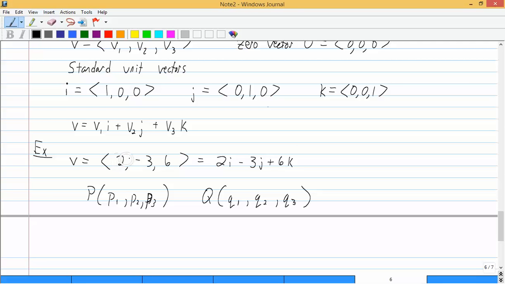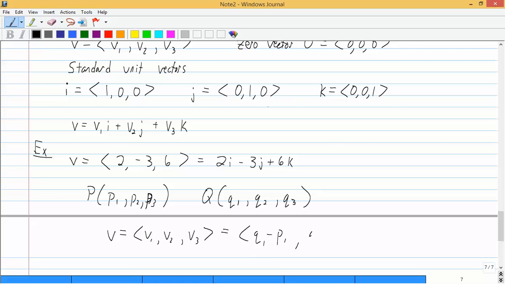Then where do the components of the vector come from? They come from these 2 points. The actual vector v, made up of v sub 1, v sub 2, and v sub 3, comes from that difference: Q sub 1 minus P sub 1 is the first component, then Q sub 2 minus P sub 2, and then Q sub 3 minus P sub 3.